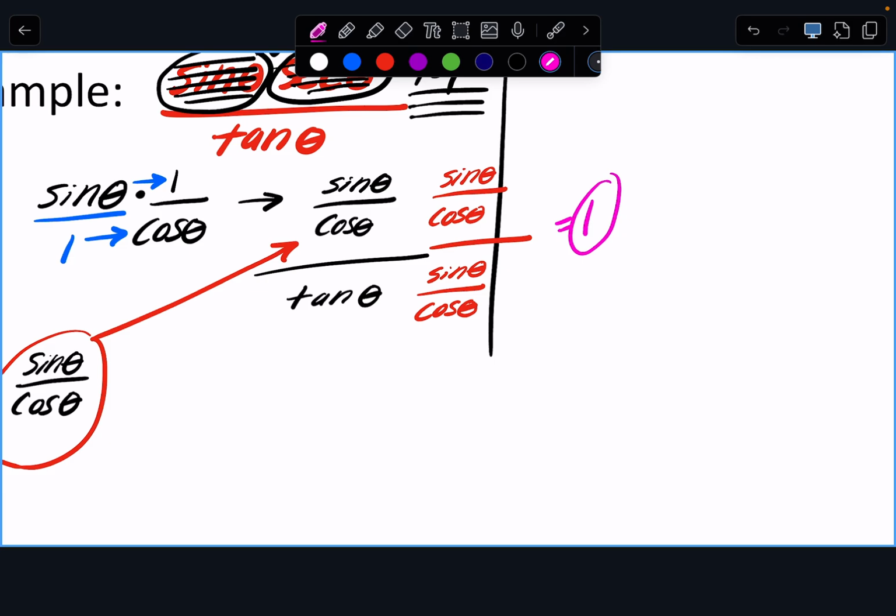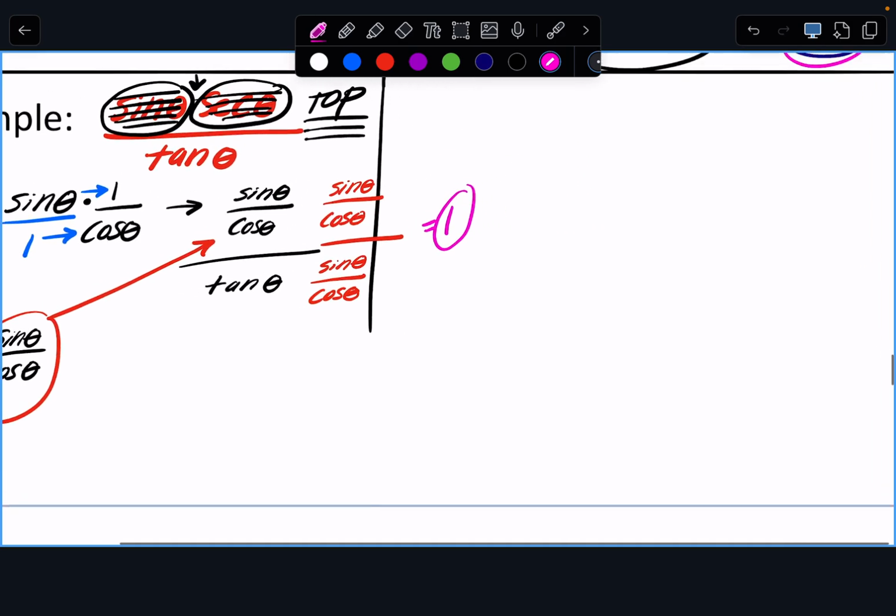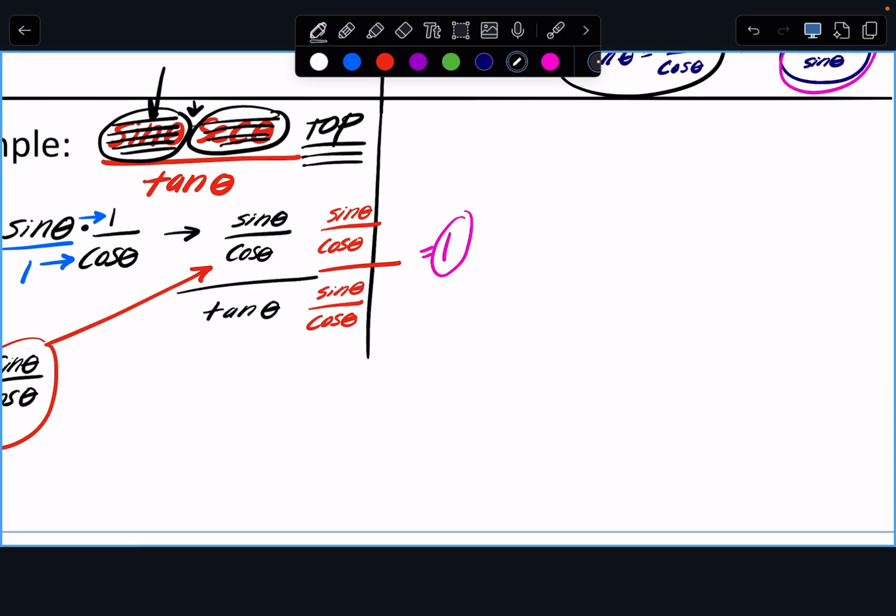Okay. Let's do it with the A's and H's then. What is sine? Sine is O over H. Opposite over hypotenuse. What's secant? I'm going to write down SOHCAHTOA or else I'm going to get confused. So sine was opposite over hypotenuse.